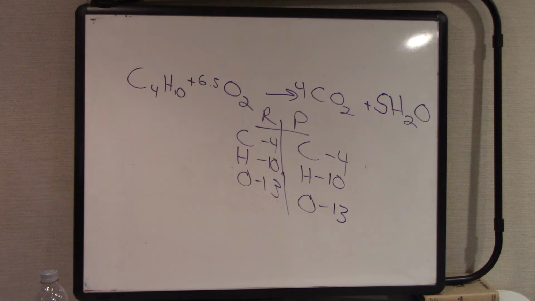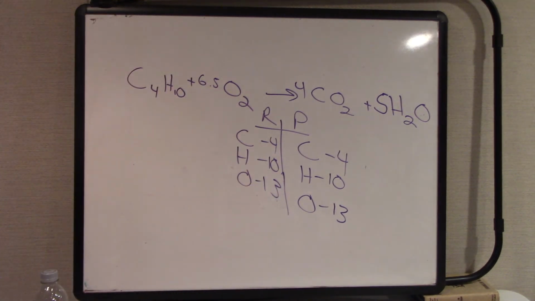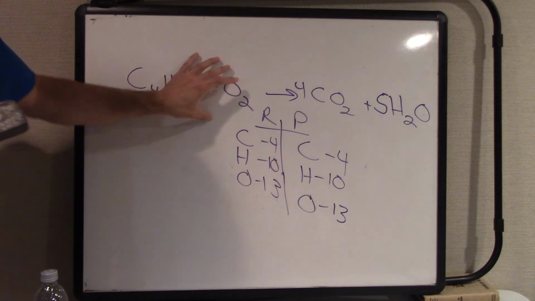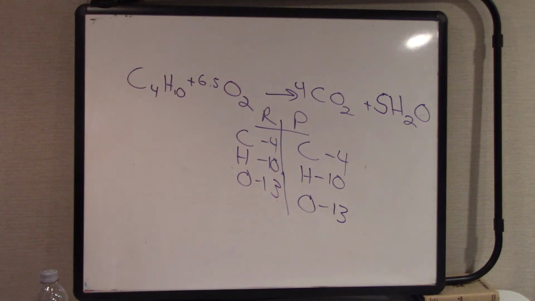So that looks like it's going to work. And it does work mathematically. Mathematically, this is fine. But chemically, this is not fine yet. In these balanced equations, you cannot have a decimal or a fraction. The reason you can't have a decimal or a fraction is that this reaction can be read in molecule amounts.